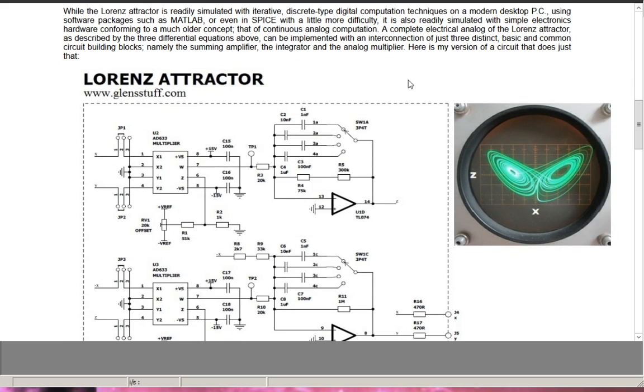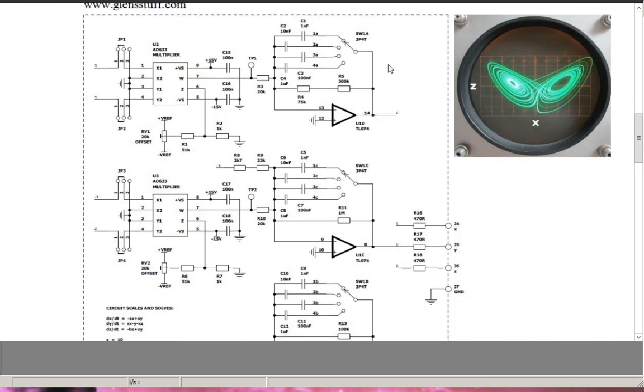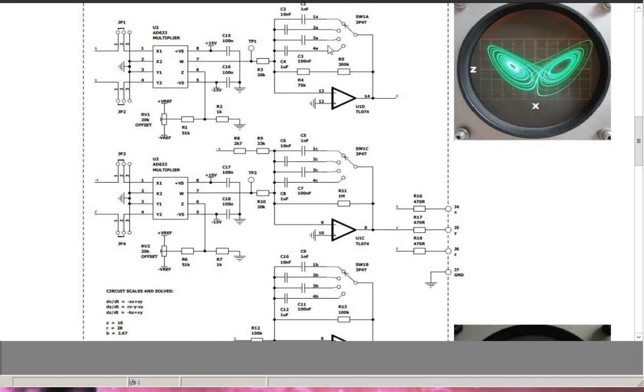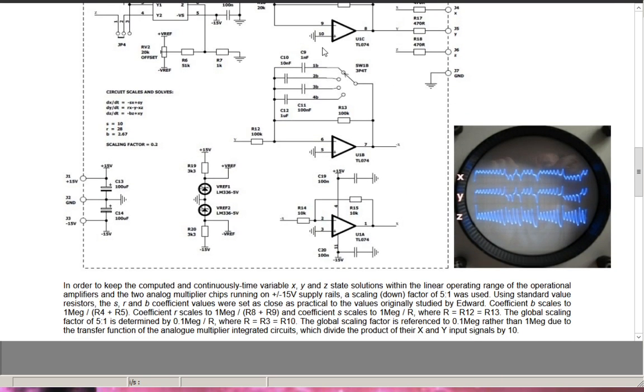TL074s, I got that. There's a multiplier. 2 multipliers. How's a voltage regulator?